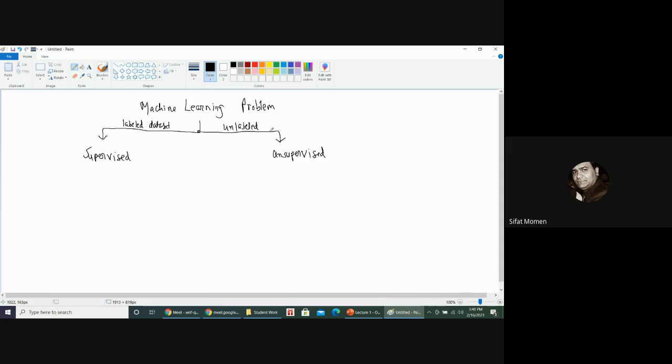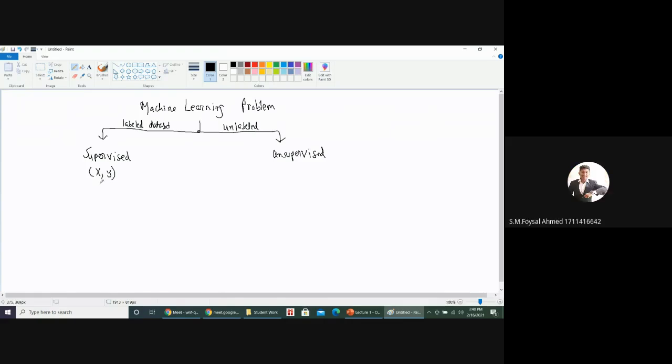So let's imagine we have got a data set and it's a labeled data set, so it's a supervised learning problem. Now depending on what the problem is, for a supervised learning data set you have x and also y. Am I correct? Yes, sir.